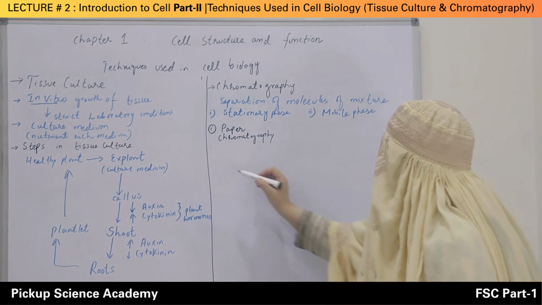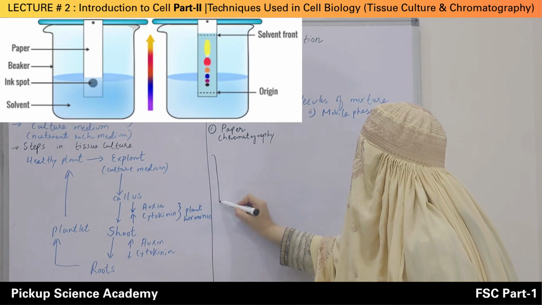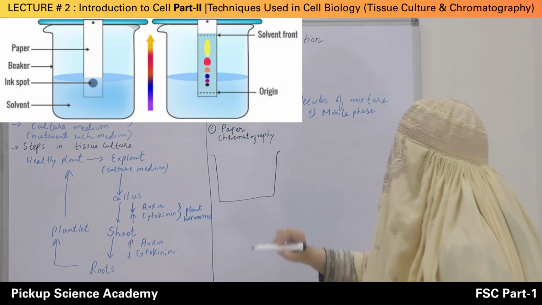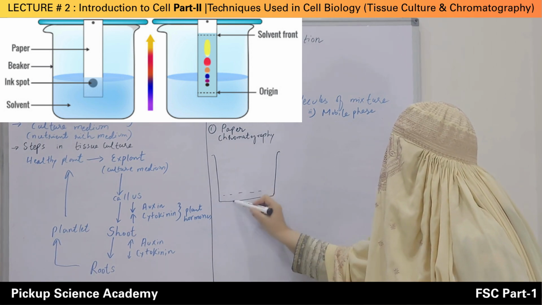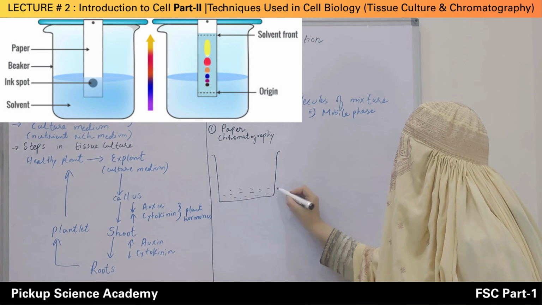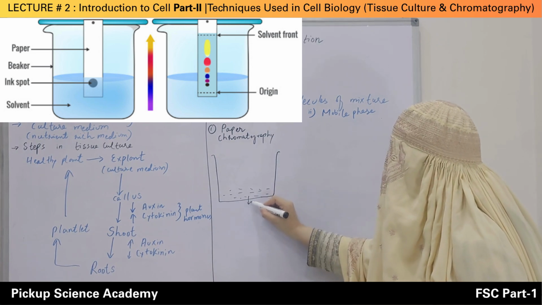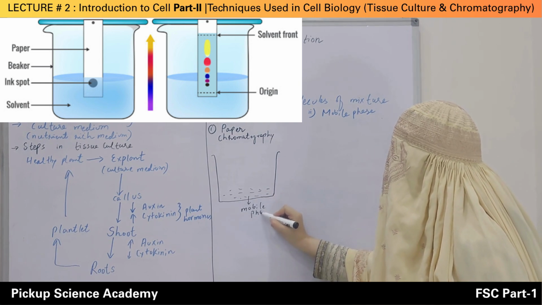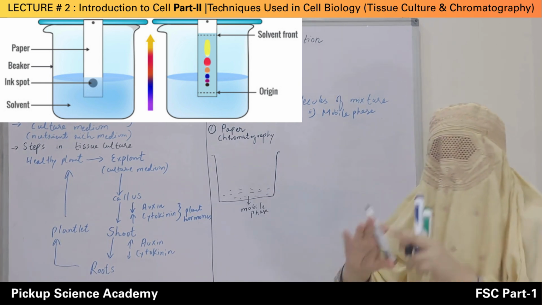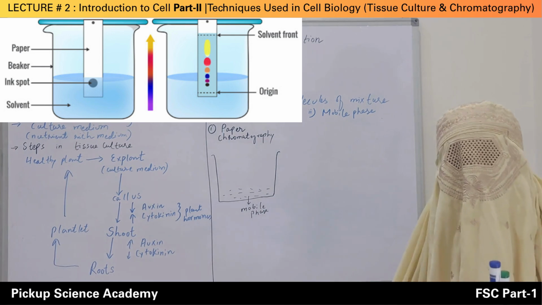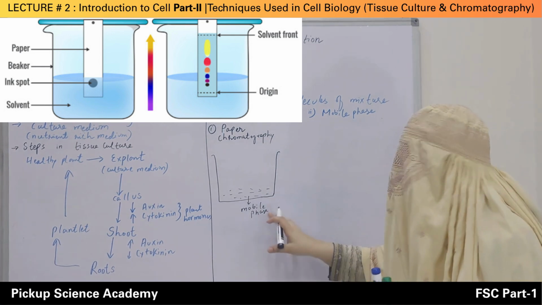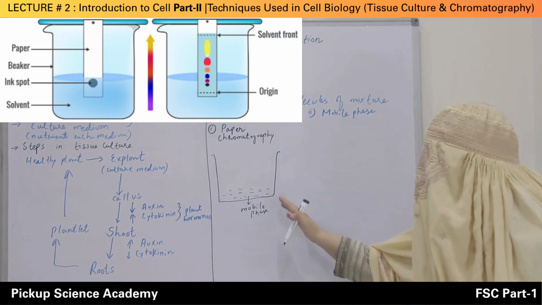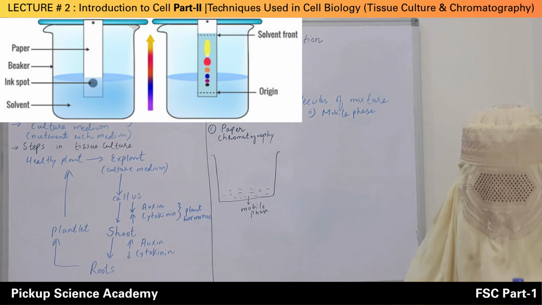We have a container which has mobile phase in it. It is a glass container which contains a liquid which is called as mobile phase. It can be water, it can be ethanol.